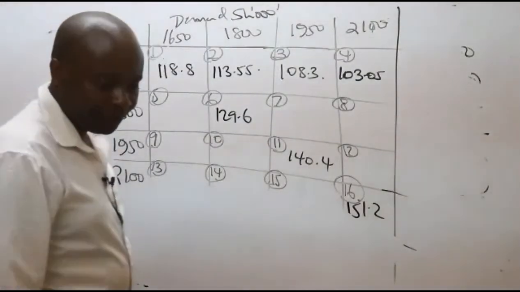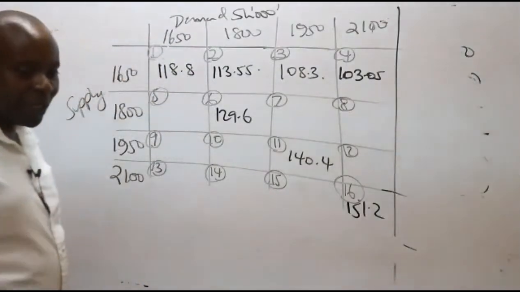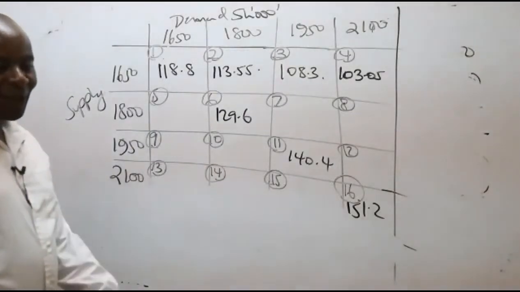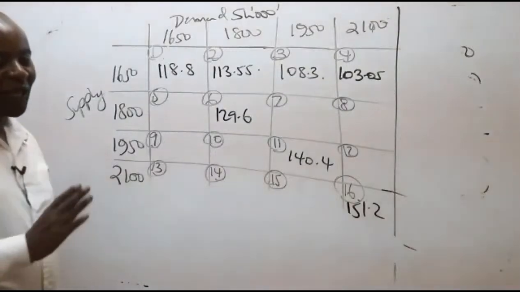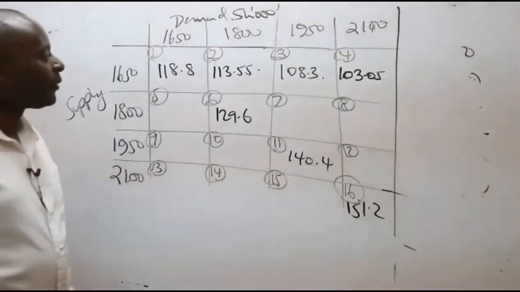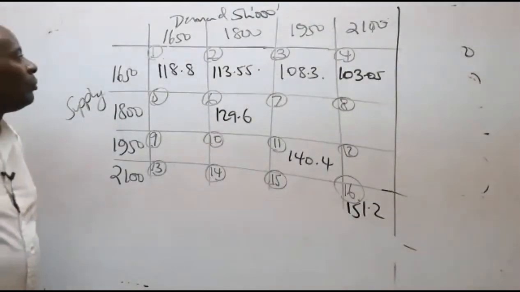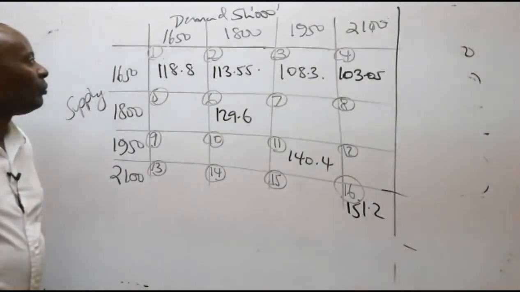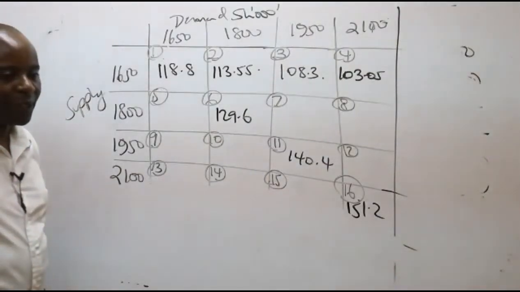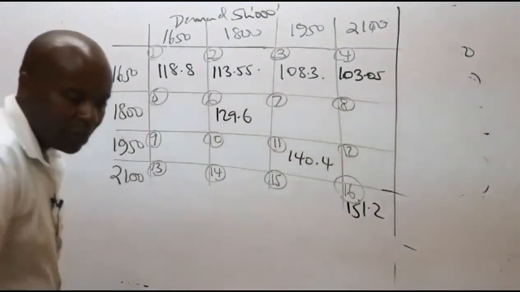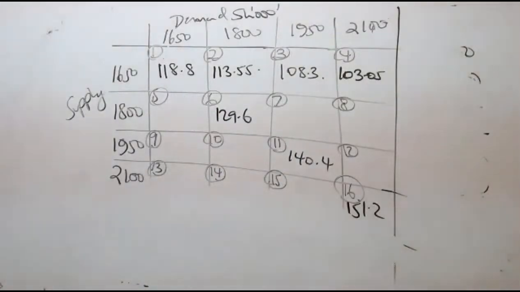Lokai has already gotten cell number 5. I'm waiting for you to give me the profit of cell number 5. Please give me the profit of cell number 5. Talk to me. Cell number 5, what do we have?